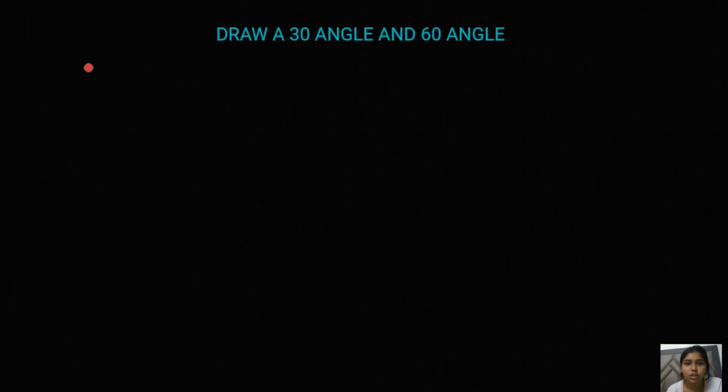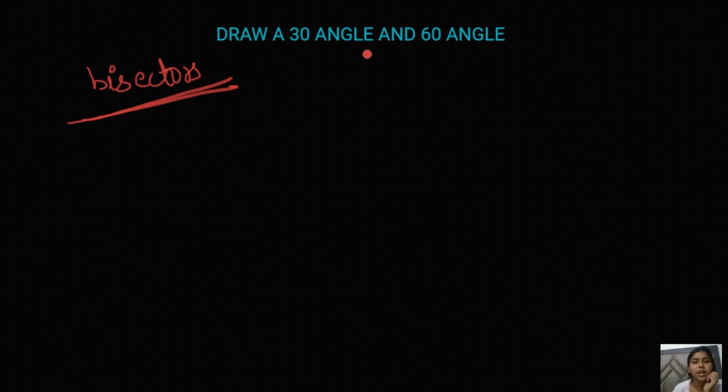This is the construction. Now I am telling you some bisector things. When I told you about drawing a bisector, I gave you an example of 30, but here I'm telling you how to draw it again, so that you could know. This is any line segment, let's suppose AB, right?